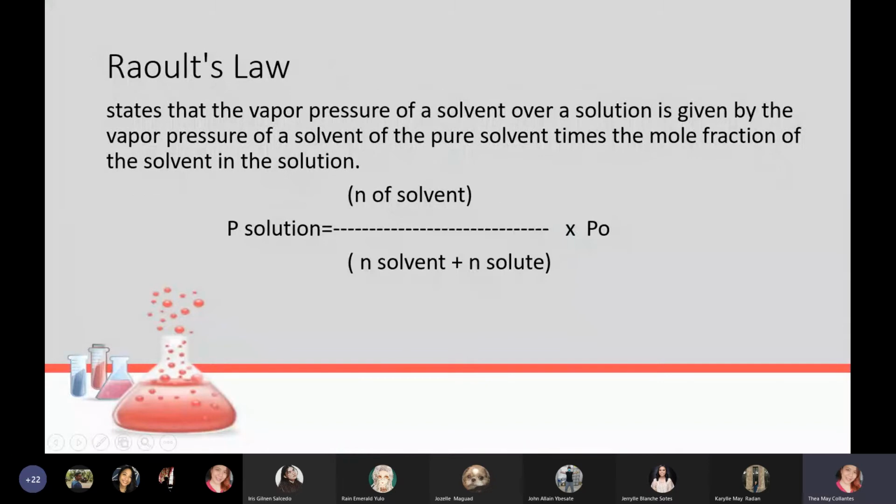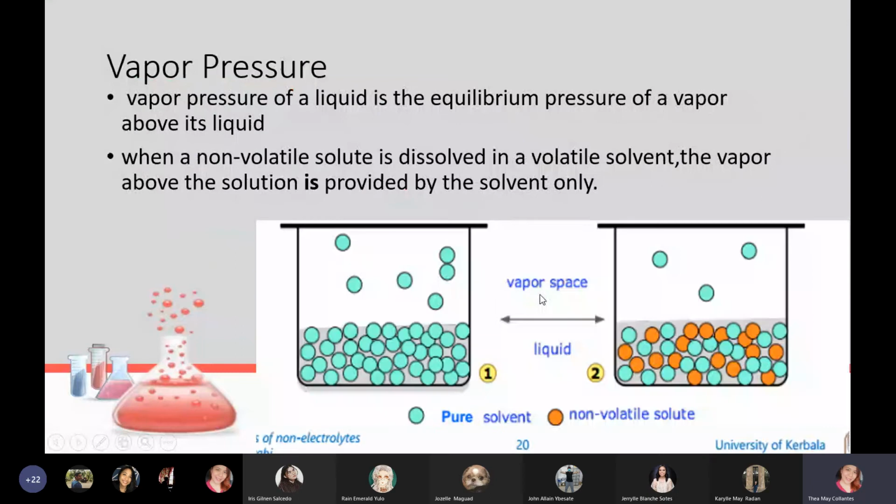So with the vapor lowering, or when we talk about vapor pressure, we are just using what we call Raoult's law. Okay? So this is just the formula, guys. And when you look at it, this is just the mole of your solvent. So if you want to get the vapor pressure of the solvent, it means that in this kind of solution, we are just going to get the vapor pressure of your water since it is specifying a solvent.